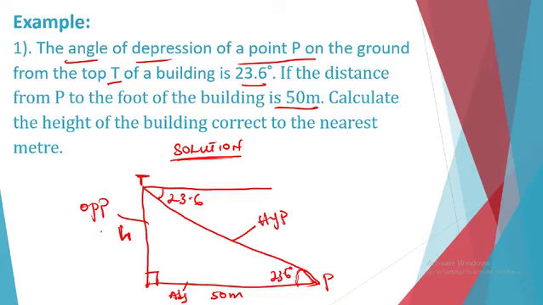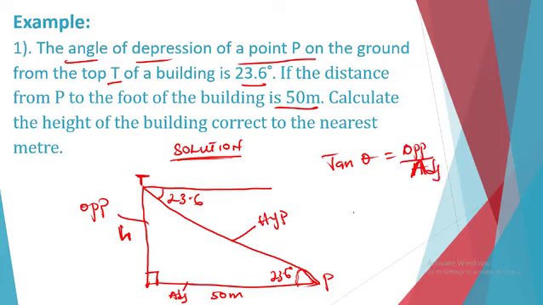We want to find our opposite, which is h, and the angle that is given is facing the opposite too, so we are using tan theta. We have the opposite and the adjacent, so we use tan theta, which is equal to opposite over adjacent.